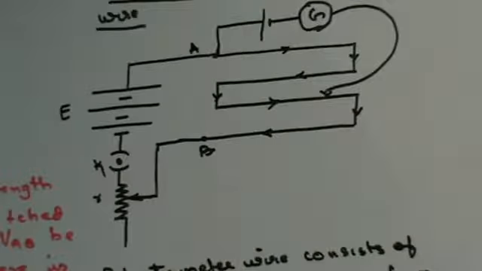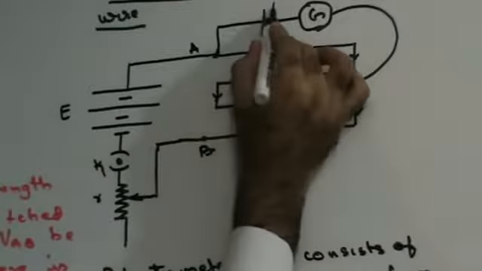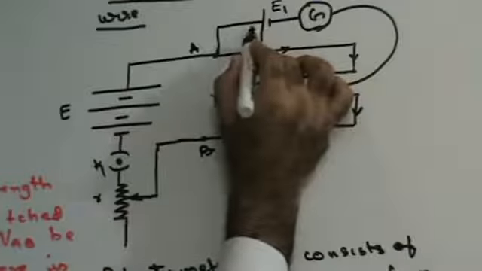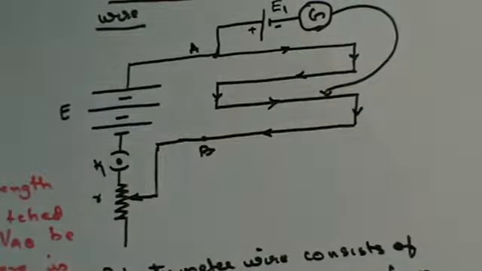Right? So, do you understand how we find out the EMF of the cell? You connect the cell whose EMF has to be found out. Let's assume that the EMF of this cell is, say, E1. The positive terminal of the cell E1 is connected to that end of the potentiometer wire which is connected to the positive terminal.